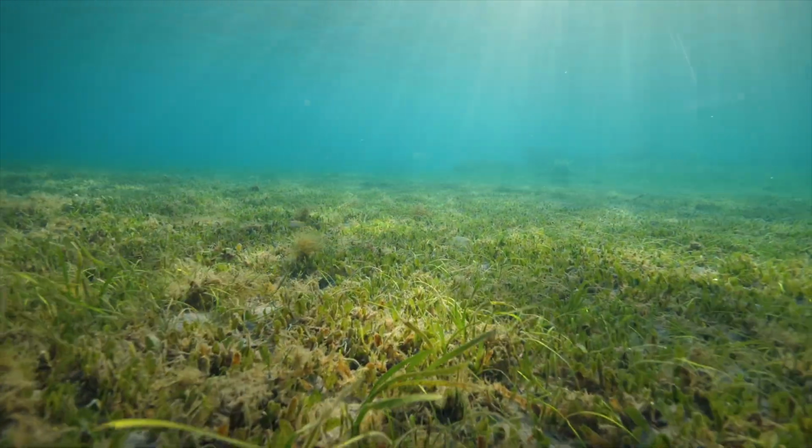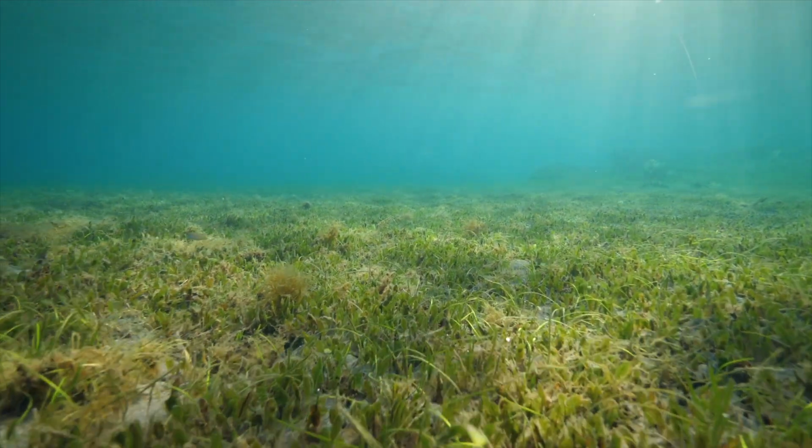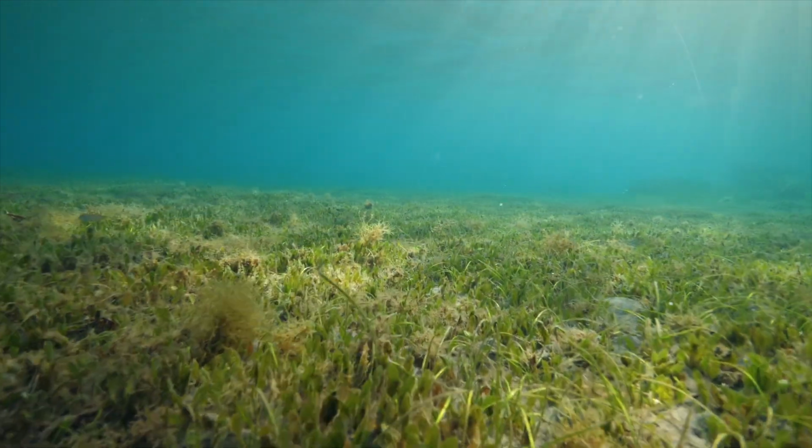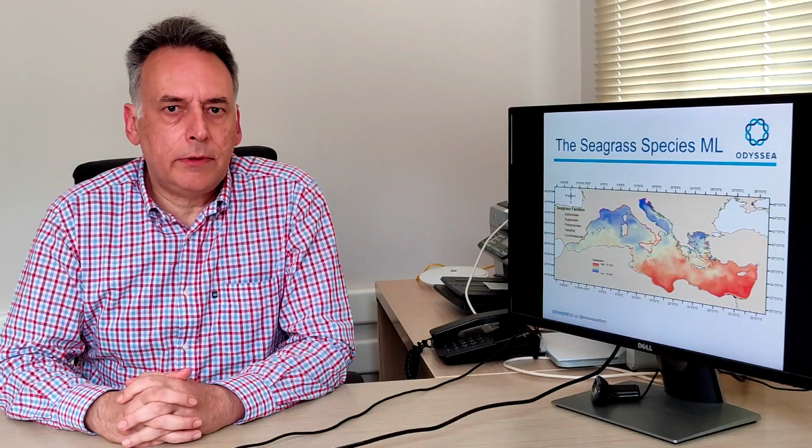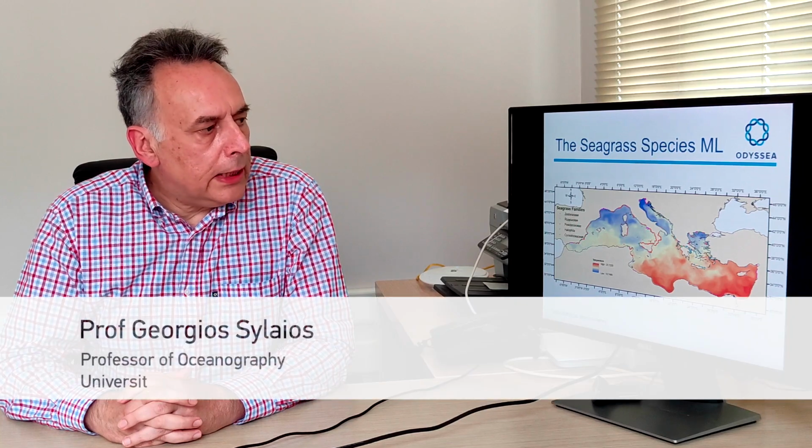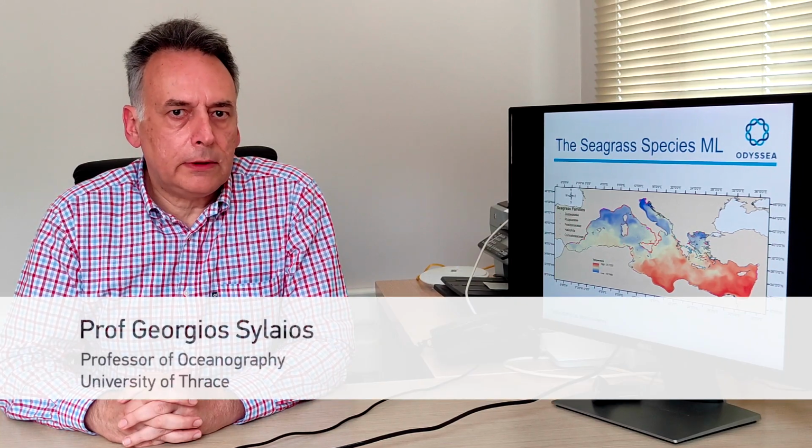I would like to show you the capacity of machine learning in order to explain the distribution of seagrass species of the Mediterranean Sea. We utilize the dataset coming out of the United Nations Environment Programme, the well-known UNEP, which gives us shape files of the distribution of seagrass at the bottom of the Mediterranean Sea.